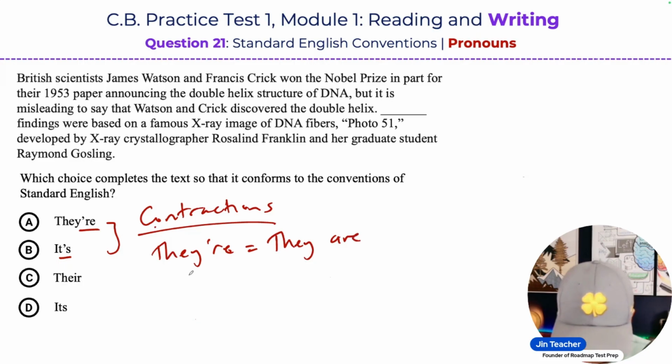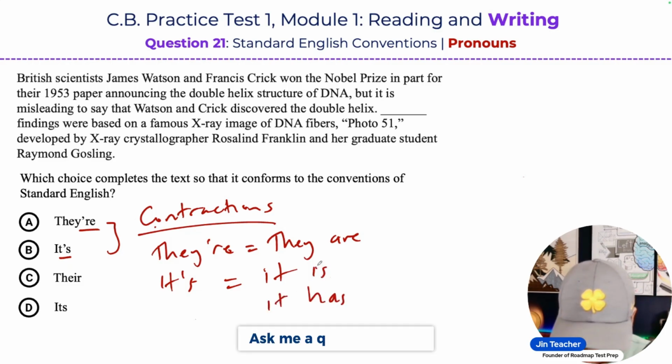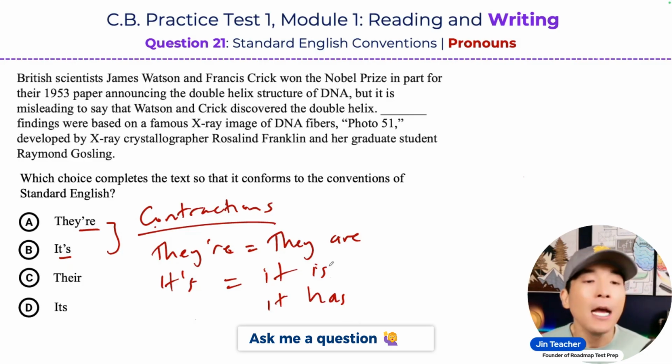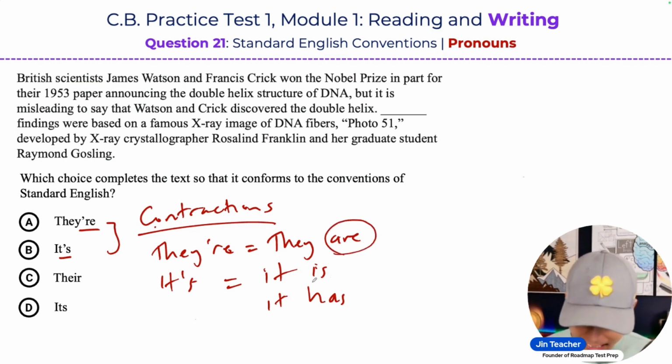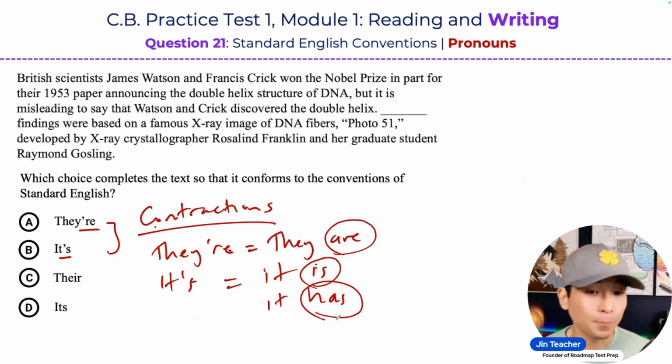When we have it apostrophe s, what does this stand for? It can stand for it is, or it can stand for it has, depending on how it's used in the sentence. But just know, contractions always have verbs: they are, it is, it has.